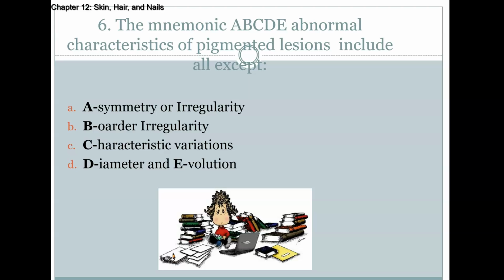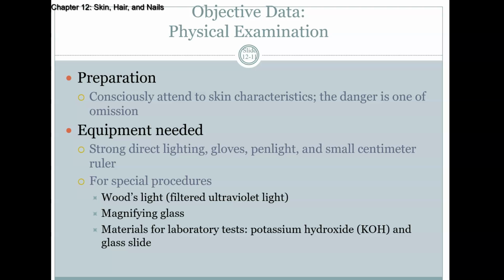So the answer would be characteristic variations, because that's not the C. The C is actually color variations. If they had something that was brown and then all of a sudden it turned red, it would be color.